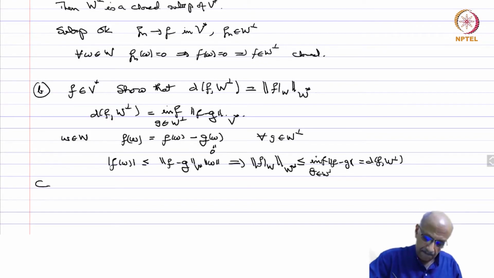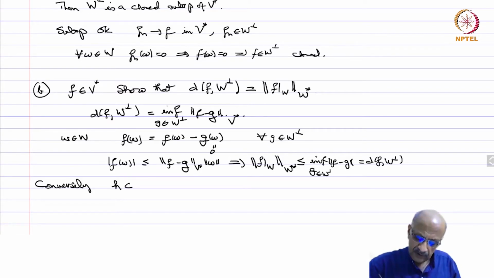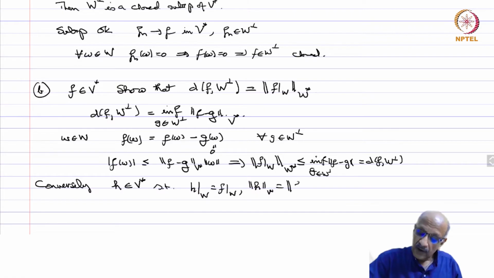Conversely, let h belong to V star be a Hahn-Banach extension, such that h restricted to W equals f restricted to W, and the norm of h in V star is the norm of f restricted to W in W star.